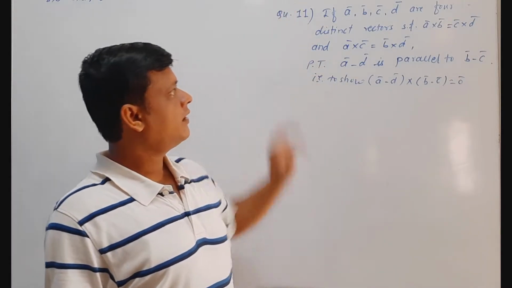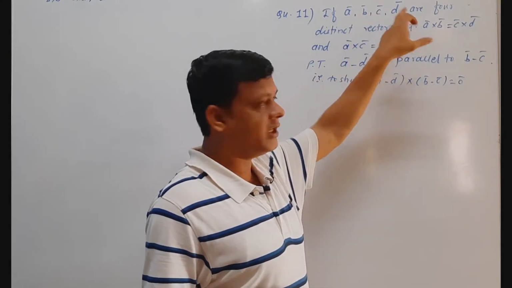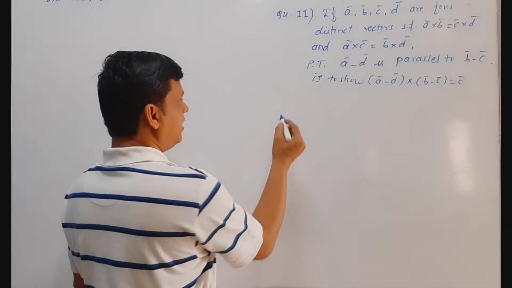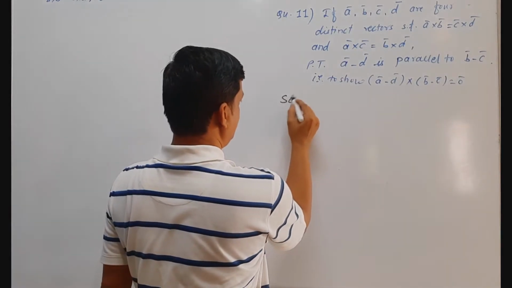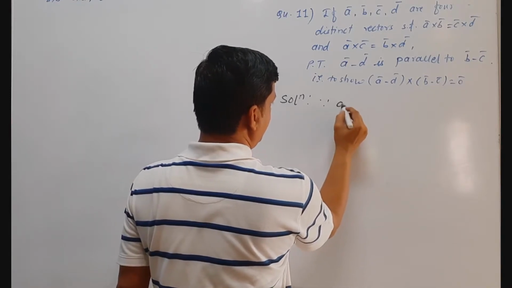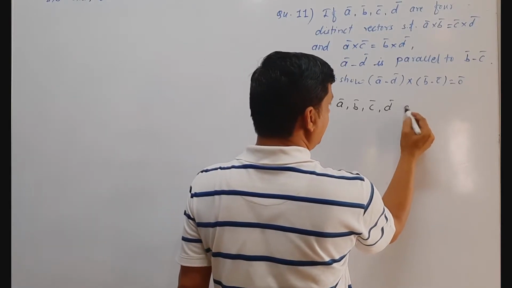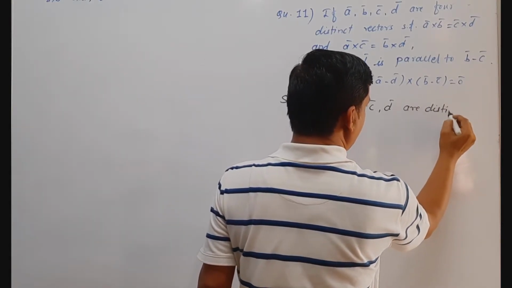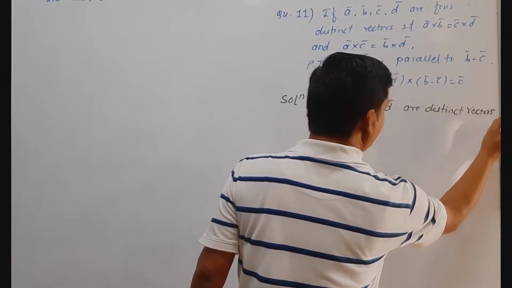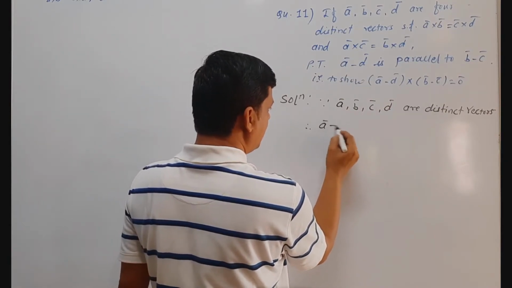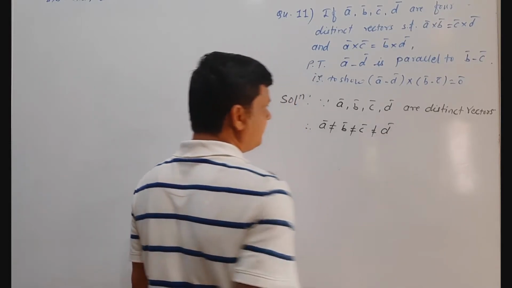So we use the given conditions. First condition is that vectors A, B, C, D are distinct vectors. So we write here in solution: since vector A, vector B, vector C, vector D are distinct vectors, therefore A bar is not equal to B bar, not equal to C bar, not equal to D bar.